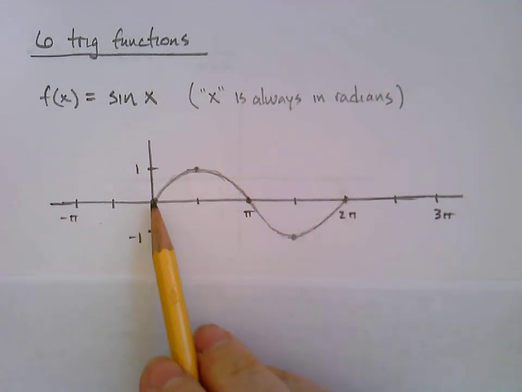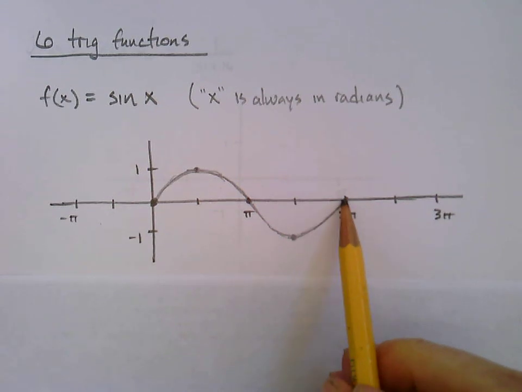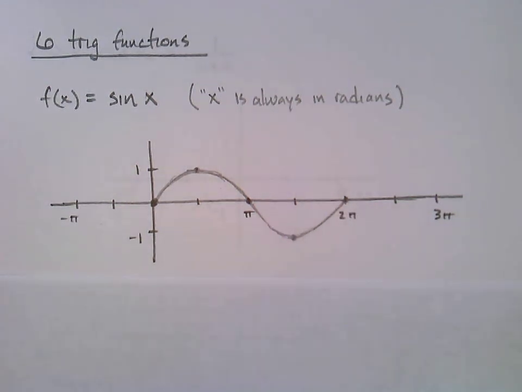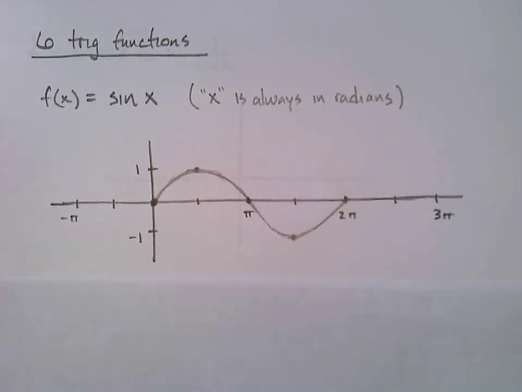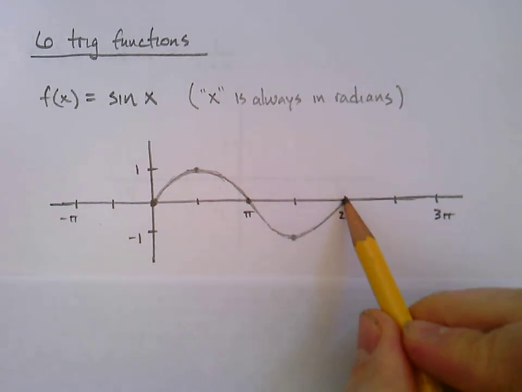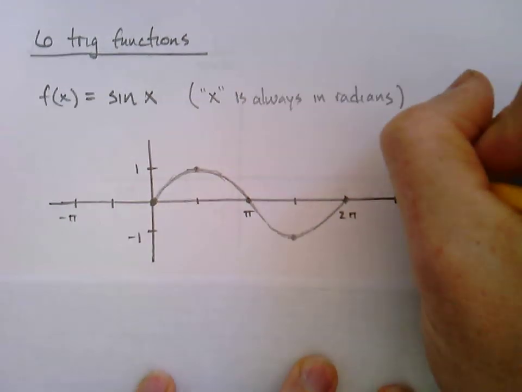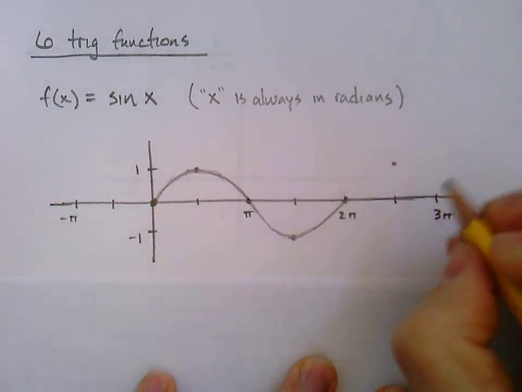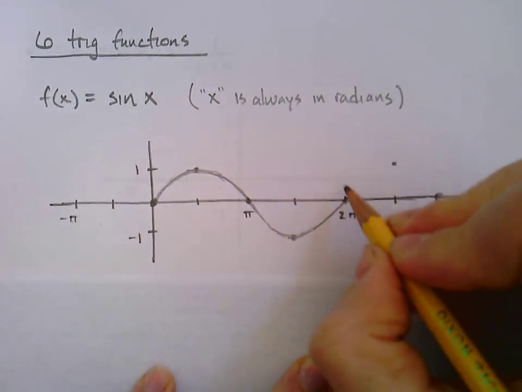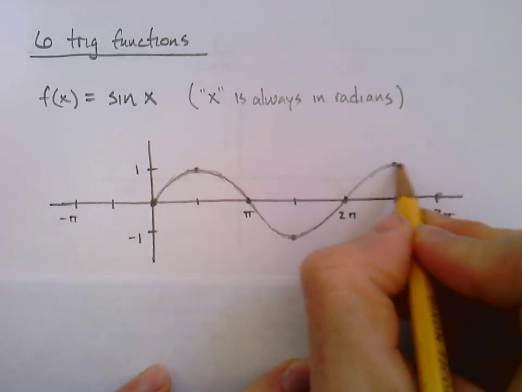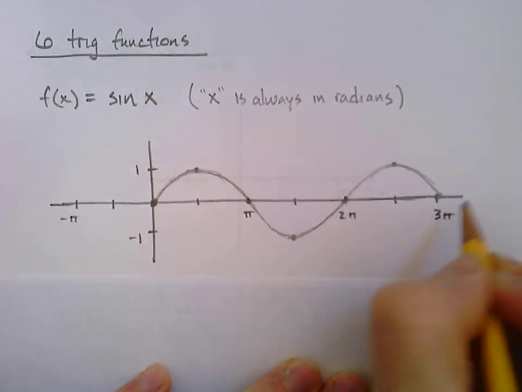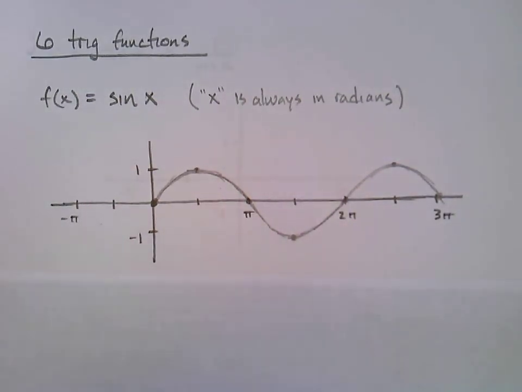So that's beginning at 0 and ending at 2 pi, which would be one full rotation around the circle. If you were to keep going, this pattern is just going to repeat itself. So we'll have 0 there, the next one's going to be at 1, and the next one after that at 0. And it's going to start to repeat that cycle again, and it would continue on in the same way.